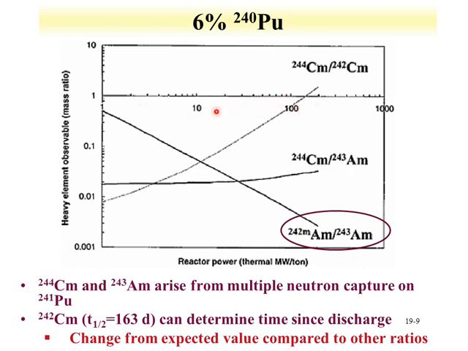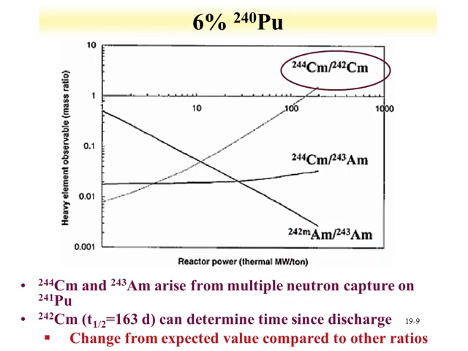So we can go from 1 to 10 to 100 to 1,000 thermal megawatts per ton of reactor power. And from this, measuring this isotopic ratio of the americium isotopes provides a route for determining the reactor thermal power, which then tells us information related to where the reactor origin was for the production of the material.